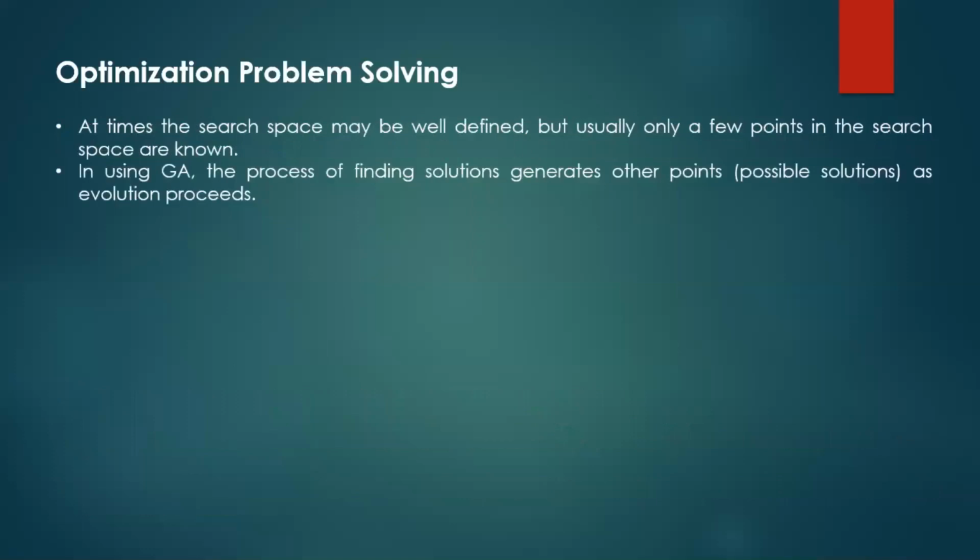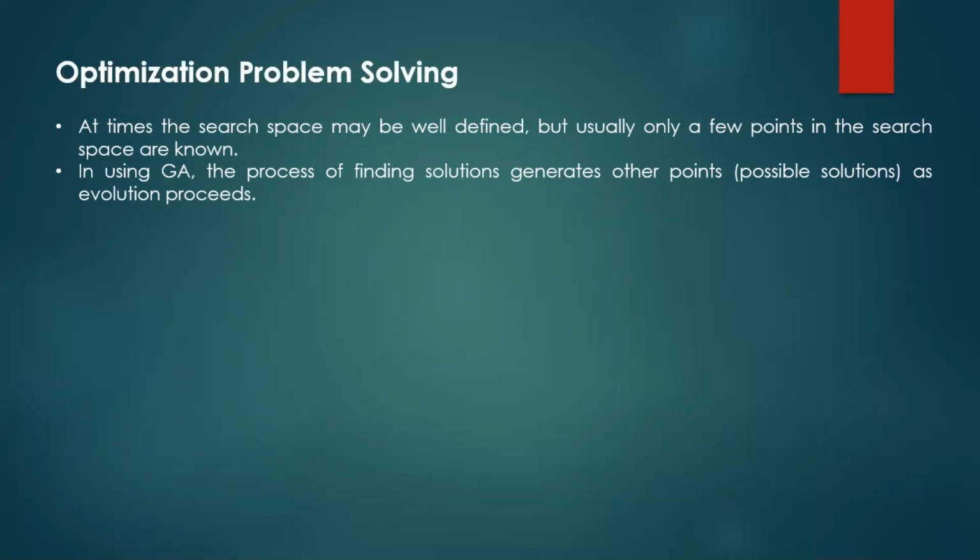If you use those, it is not sure that you will have all the possible solutions, but if you use a genetic algorithm, you will have more possible solutions, because it evolves with each iteration and provides the best solutions in every iteration, as if it is adding on. So it is better to use this technique for optimization problem solving. So this is about the basic optimization problem solving.